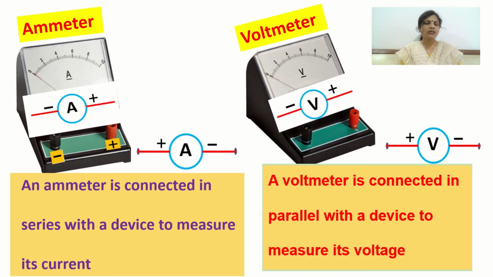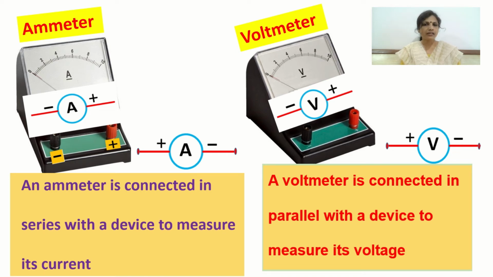This is because the voltmeter is used only to measure the potential difference. And the very important thing is the resistance of the voltmeter is very high.